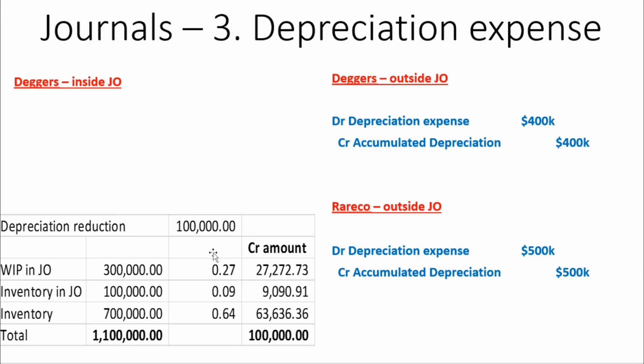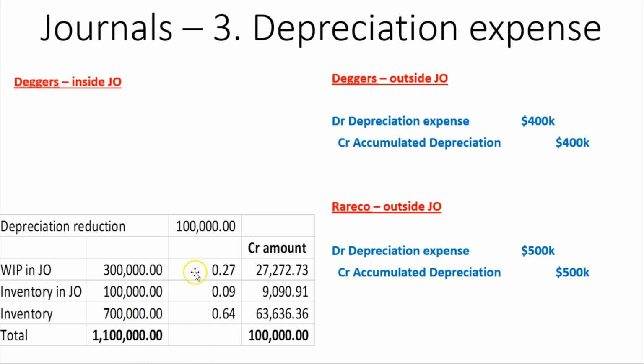And so the way that we're calculating how we are going to share this depreciation reduction across these three accounts is like this. We are just looking for the proportion of each individual account of the total amount. So all I've done is $300,000 divided by $1.1 million.